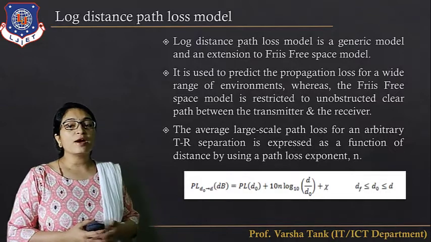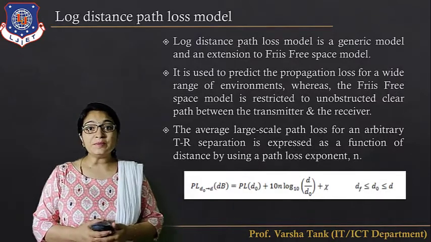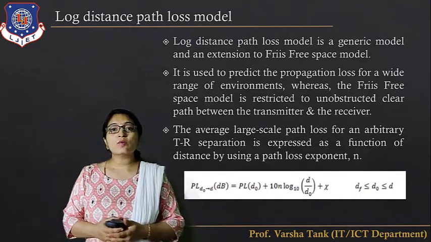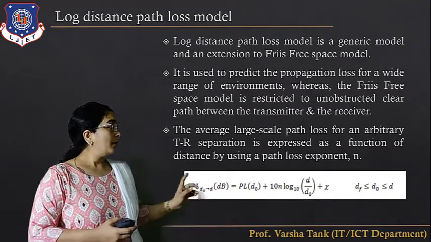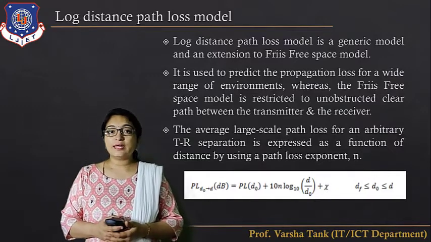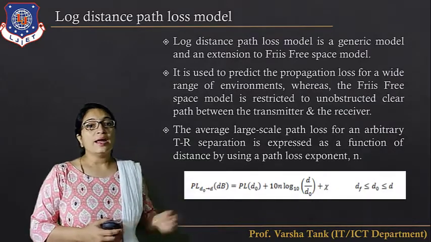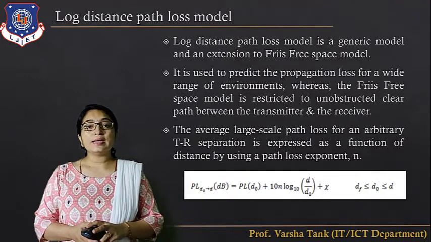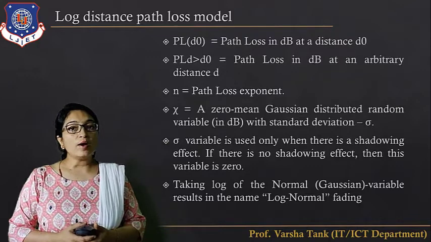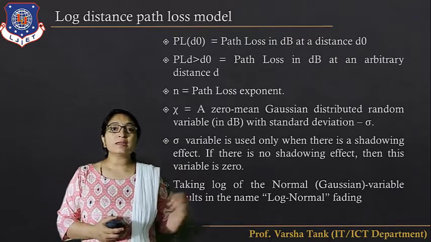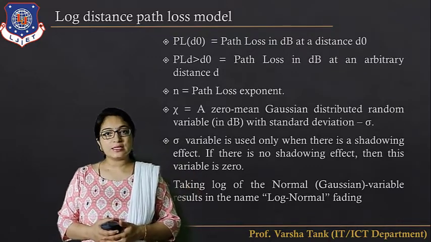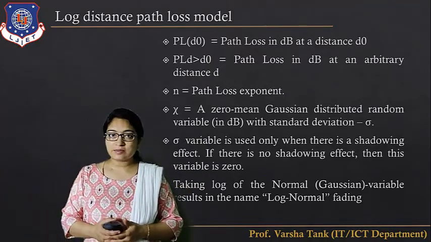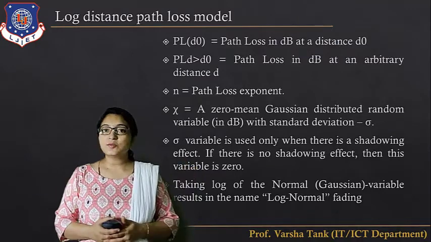The formula for the log distance path loss model is PL(d) in decibels is equal to PL(d0) plus 10 n log10(d by d0) plus X, where d0 is less than or equal to d. Here PL(d0) is the path loss in decibels at the distance d0, and PL(d), for d greater than d0, is the path loss in decibels at the arbitrary distance d.